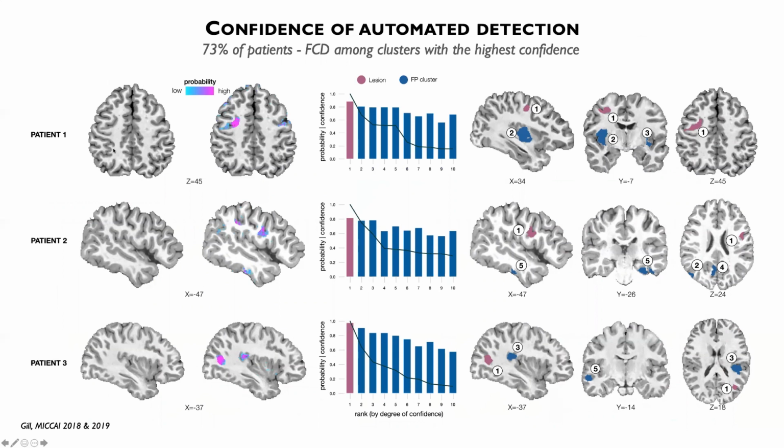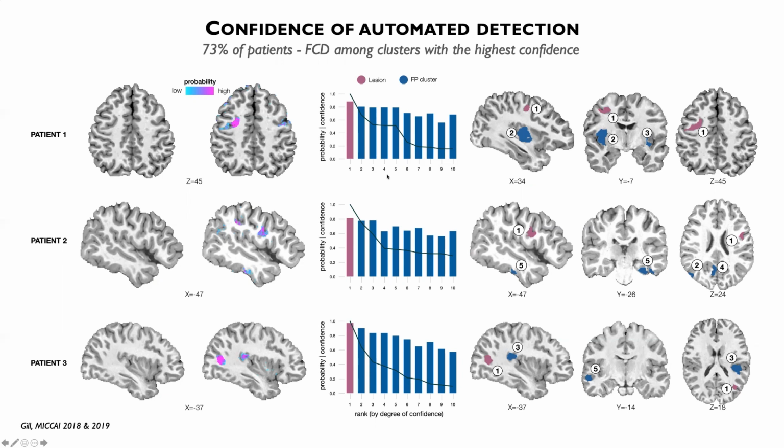These are examples of predictions and confidence in 3 MRI negative cases. In the left panels, we show the MRI and the probability maps of the predictions. The plots show the probability of the lesion in purple and false positive clusters in blue, sorted by their rank.